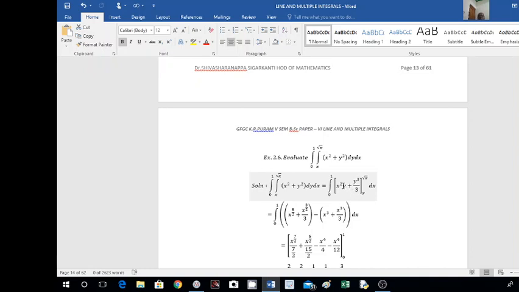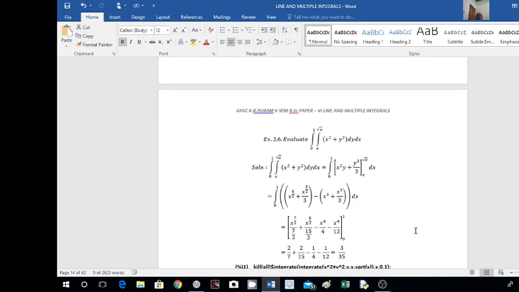If I put x² here, this will become x⁴ plus x⁶ by 3. Okay, and if I integrate this, you can simplify here. I have not simplified, independently I am integrating here.